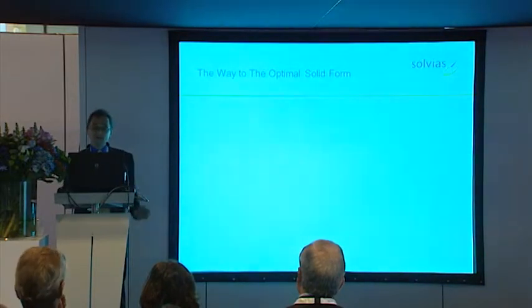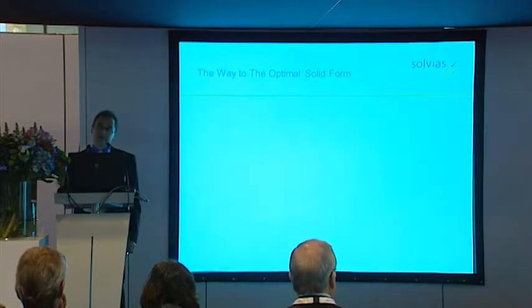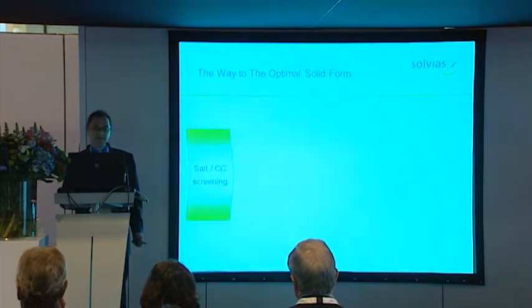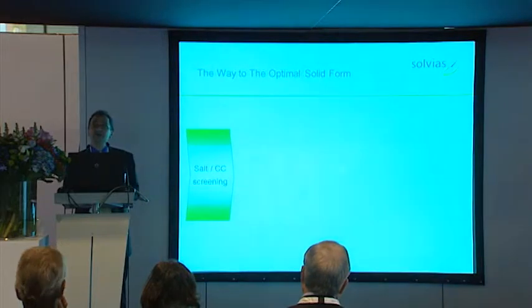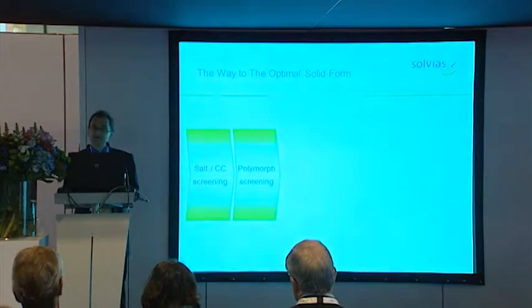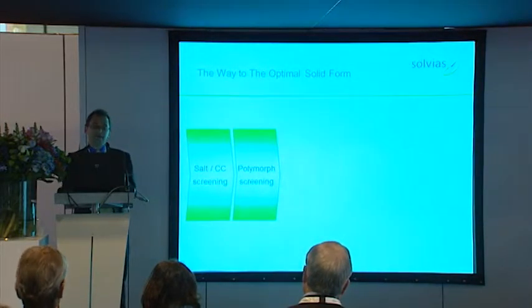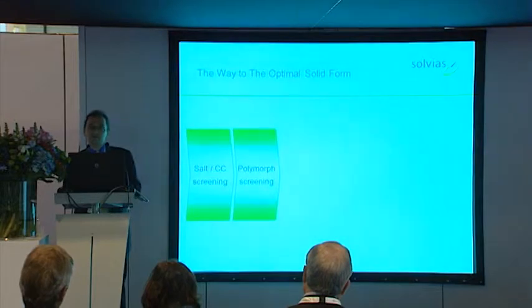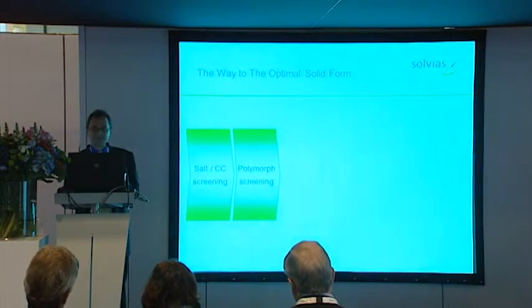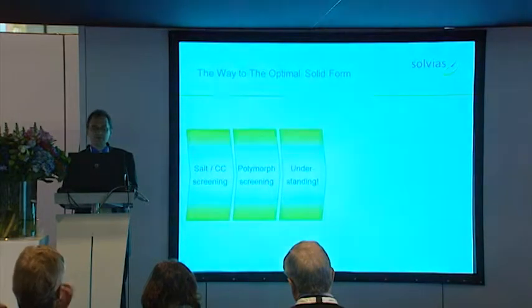So what is the homework you have to do in order to end up with your best product reproducibly and cheaply? First of all, if you're not completely happy with the API as such, you have to find out: is there a better salt or co-crystal? So you have to screen for salts and co-crystals. Then once you've decided on salt, co-crystal or API as such, you have to find out, does it form different polymorphs, does it form hydrates, solvates, etc. So you have to screen for polymorphs.